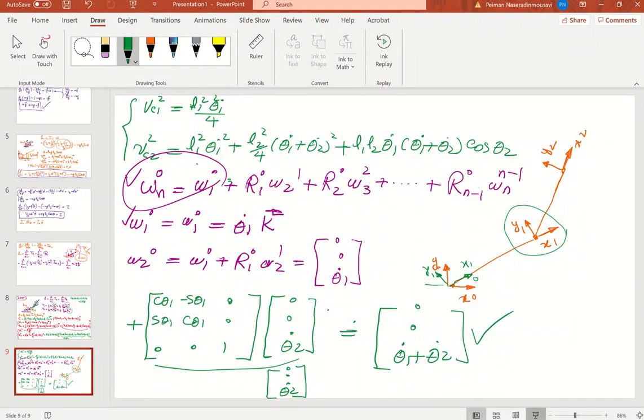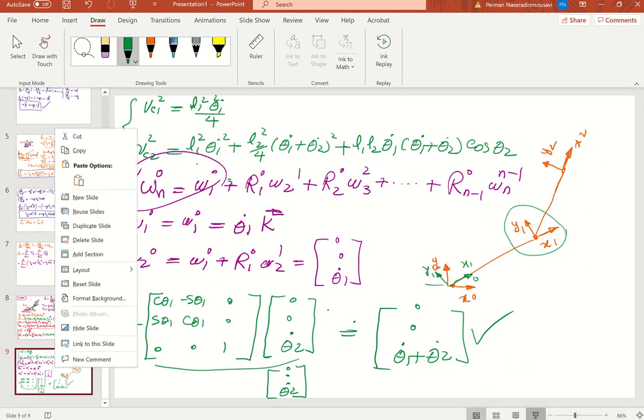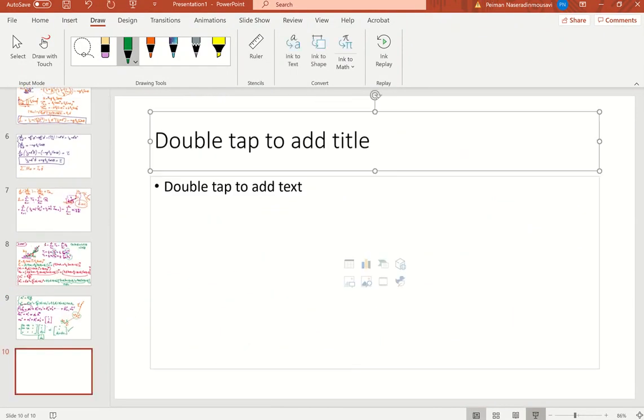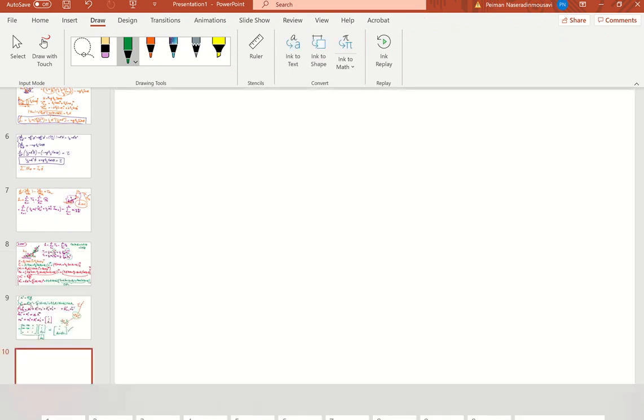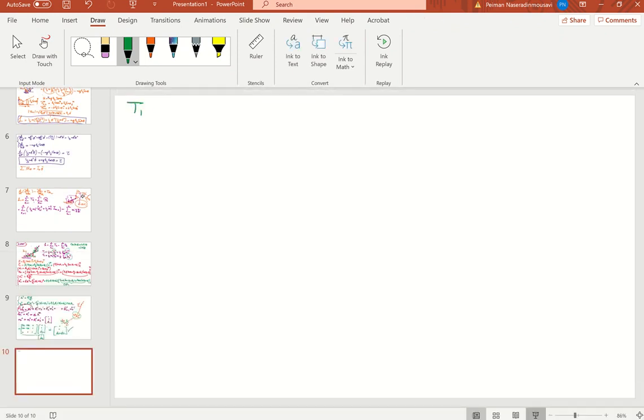So your T1, let me write here, next page. T1 is going to be 1 over 2 M1 L1 square theta dot 1 square plus 1 over 2 I1 ZZ theta dot 1 square.